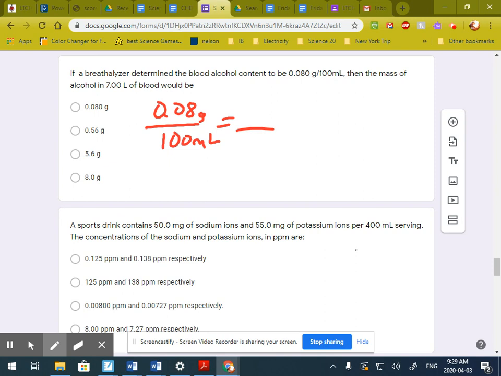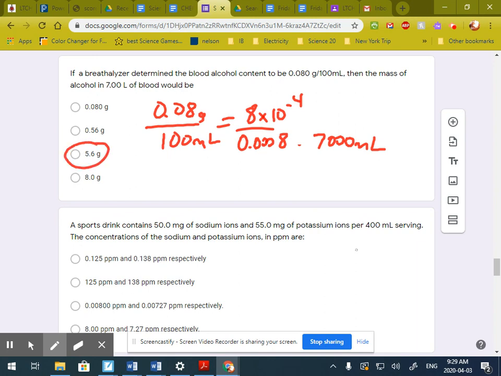We get 8 times 10 to the minus 4, or 0.0008. Then I'm going to times that by 7,000 milliliters. Because what this is basically doing is, right now it's a decimal, so I times that by 7,000, and I get 5.6.